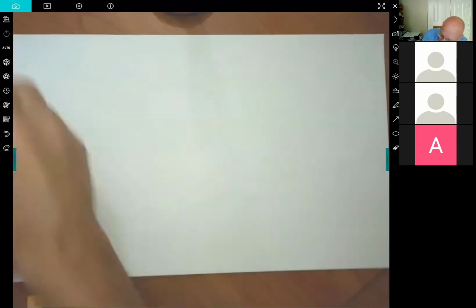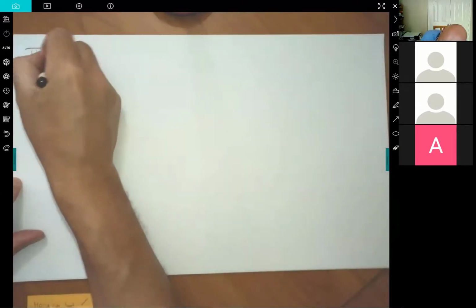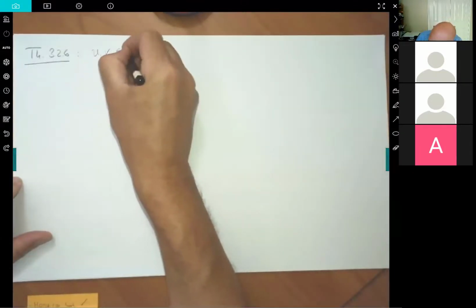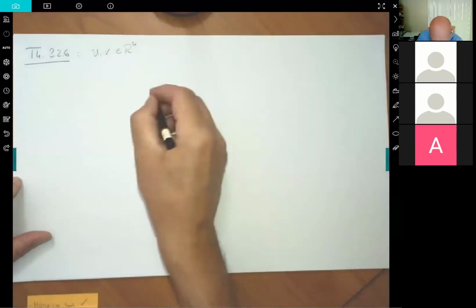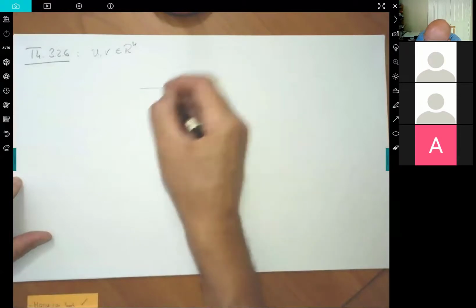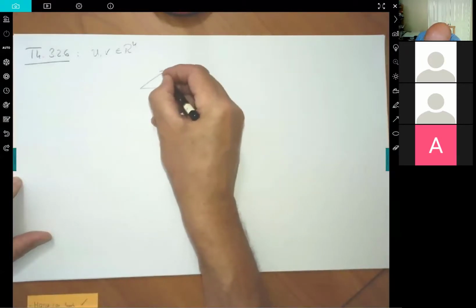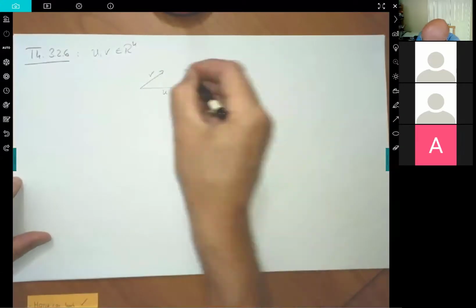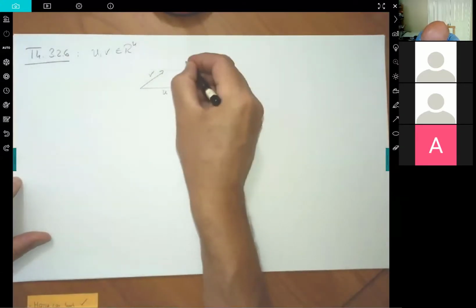So the next one is what's called theorem 3.26. So here we have again u and v in Rn. So this time, let's say here, this is u, this is v. Then I put v also here, and then this here is also u.